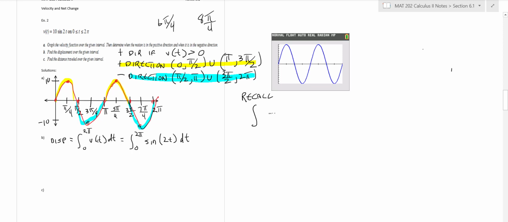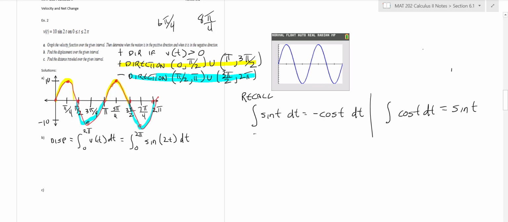So the integral of the sine of t dt, what do you take a derivative of that gives you a sine? Yeah, negative cosine t dt. Okay, that's important. The other thing that's important to remember is the integral of the cosine is the sine. That's one thing you want to do is review your basic integral rules you learned in Calc 1 and your basic derivative rules like that.